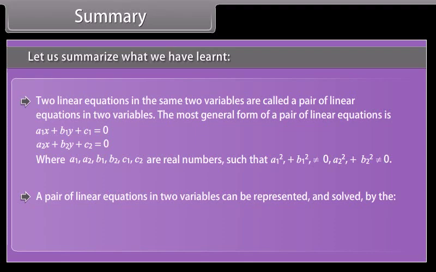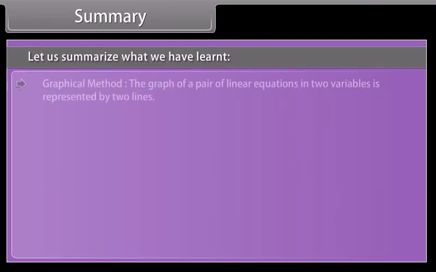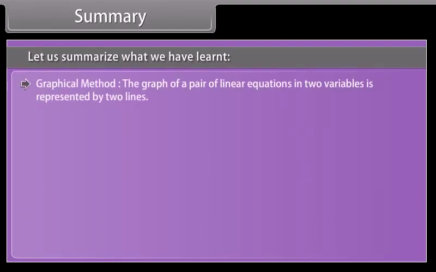A pair of linear equations in two variables can be represented and solved by the 1. Graphical method and 2. Algebraic method. Graphical method. The graph of a pair of linear equations in two variables is represented by two lines. 1.